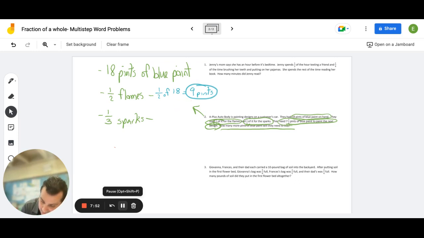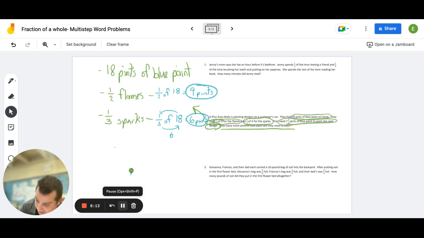1/3. Well, maybe you don't know what 1/3 of 18 is, because you're still using that 18 pints of blue paint. So I could say 3 goes into 18 6 times, and then times it by 1 is going to give you 6 pints, right?